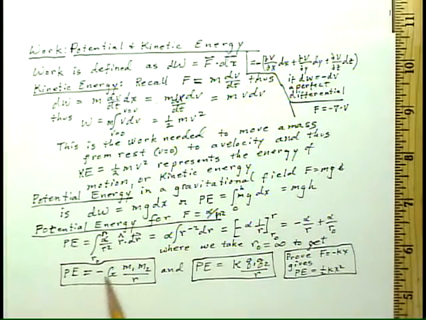And so we can write the potential energy as minus alpha over r. In the particular case of the gravitational potential energy, this gives us minus capital G m1 m2 over r. And for the potential energy in electrostatics, we get K times Q1 Q2 over r.